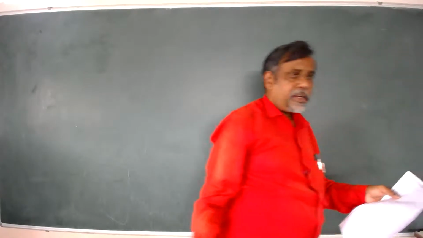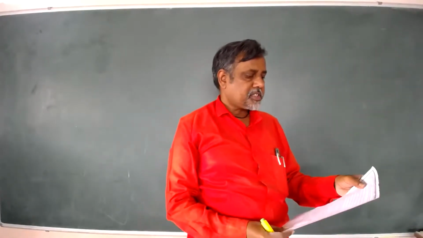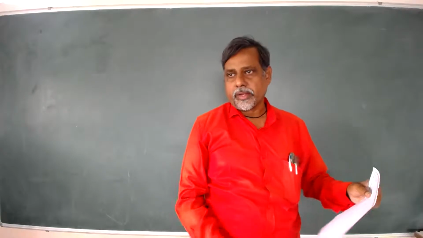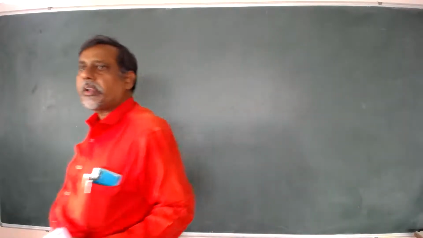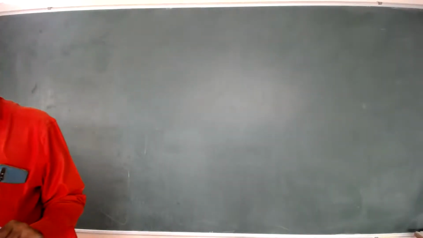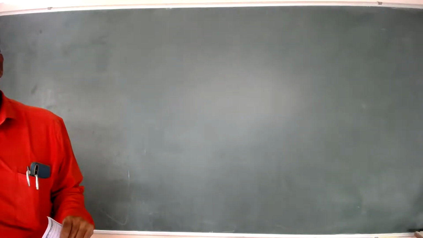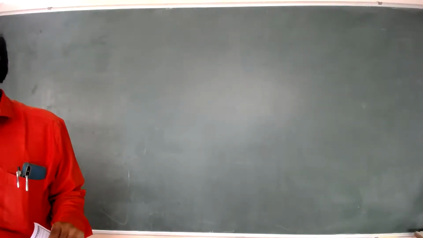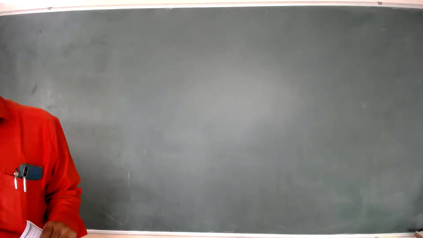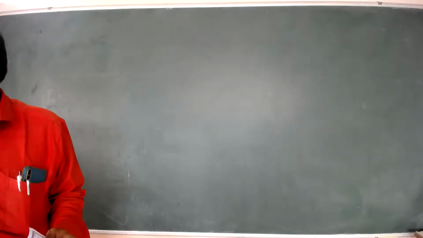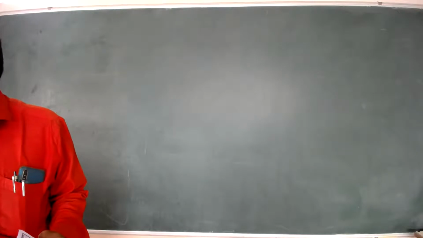A man 2 meter tall stands in front of a vertical plane mirror. First of all, you need to have the general idea. If a person stands in front of a plane mirror, what should be the minimum size of the plane mirror so that the person will be able to see the complete image?